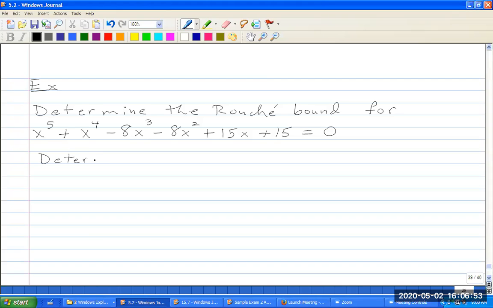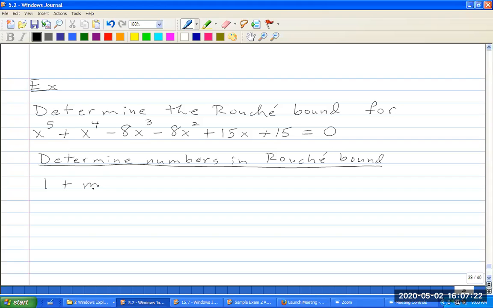Determine each of these numbers in the Roche bound. So let's do that. One of them was 1 plus the maximum of the numbers for every coefficient except for the leading order coefficient.